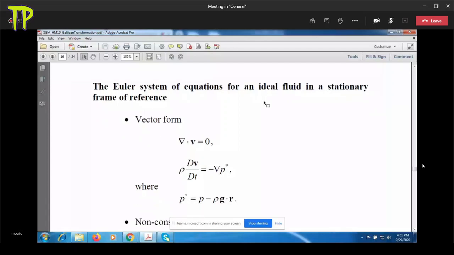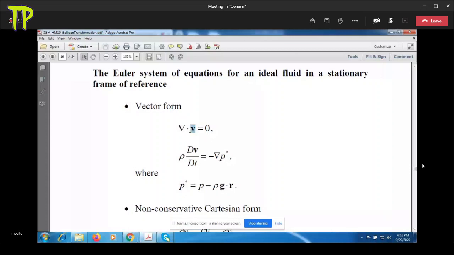If density is constant, the continuity equation is divergence of V equal to 0, and in the momentum equation, if density is constant and g is a constant vector, I can club the body force term with the pressure term by defining a modified pressure which I've called P star, the piezometric pressure. Then the left hand side represents the inertia force, and the right hand side is the pressure force.